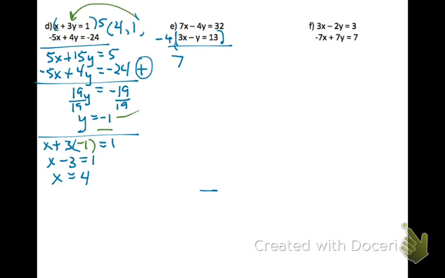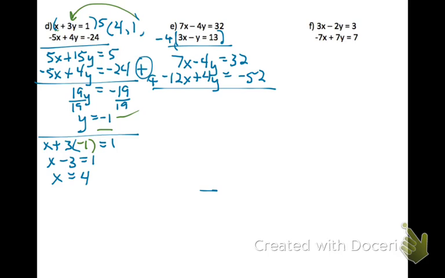So I bring down my first equation. I don't do anything to it. And then I multiply by -4, so I'm going to distribute that. So I get -12x plus 4y, and now I've got opposites with my y coefficients, and that's what I want, minus, I always get this wrong, 4 times 13, it's a 52, -52.